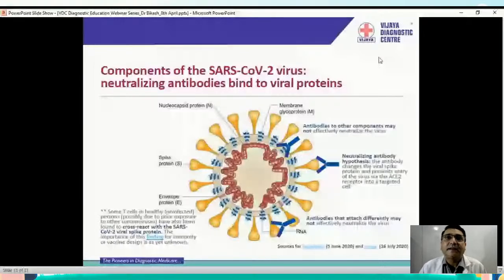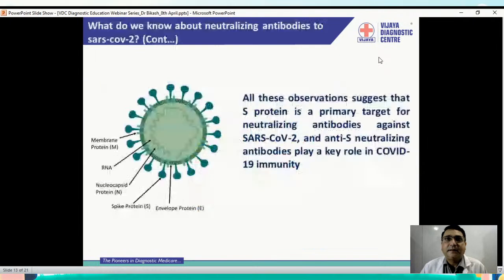As you can notice, these antibodies bind to different proteins, or we can say antigens, of the virus. Some bind to the neutralizing antigen, that is the spike 1 protein, whereas others bind to other kinds of antigens. Next. After all these observations, it suggests that the S protein is a primary target for neutralizing antibodies against SARS-CoV-2, and anti-S neutralizing antibodies play a key role in COVID-19 immunity.